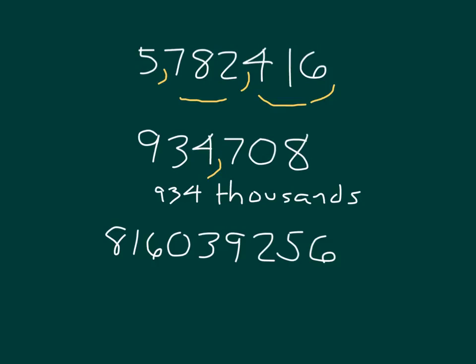And where would you place the commas within the last one? You try. Did you place them like that? This number would be 816,039,256, where there are 816 million in that number.